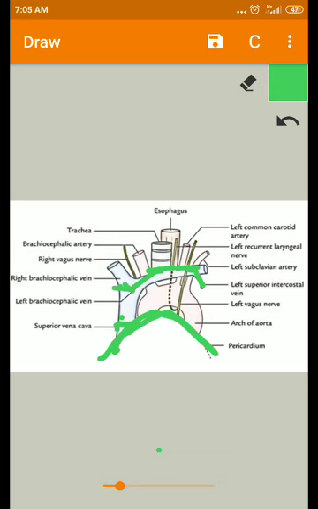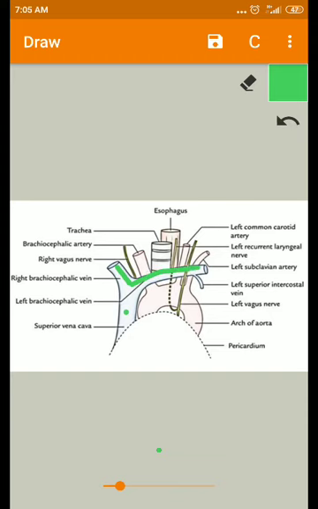Again we will see the esophagus, trachea, arch of aorta and its branches. The branches are the brachiocephalic artery, the left common carotid artery and the left subclavian artery. And another large structure is the upper half of the superior vena cava and its tributaries, the right brachiocephalic vein and left brachiocephalic vein.